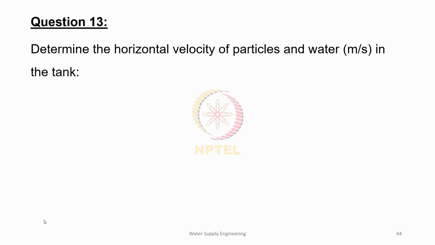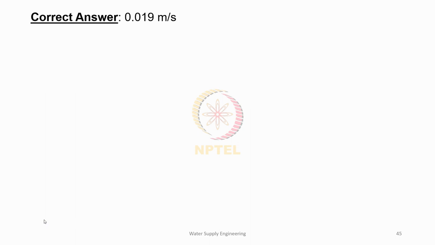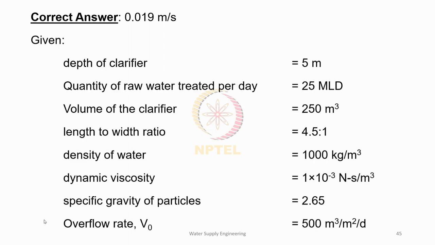Since I'm not seeing any numerical answers in the chat box, I think without wasting time, I'll explain how to solve this. The correct answer is coming around 0.019 meter per second. Again, we have the same values. I'm not repeating them because it's the same as the previous question.